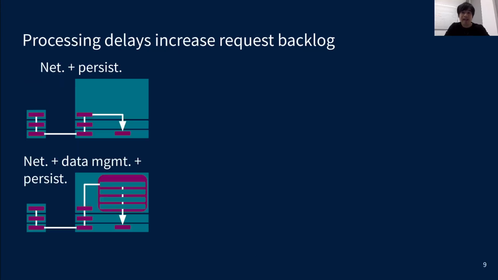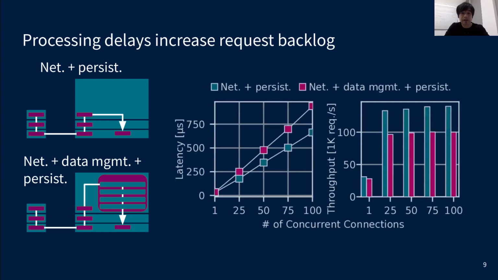Is that data management overhead really significant? This is true. I compared two cases with and without data management overheads. We also use concurrent TCP connections. Here is the result.